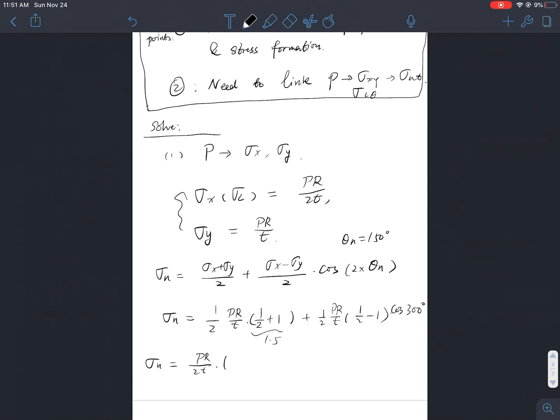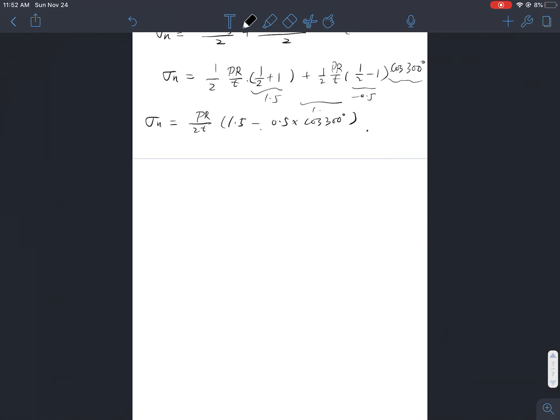So sigma n now equals PR over 2T, here 1.5, here minus 0.5. But sorry, I forgot this fellow right here. So this is essentially 1.5 minus 0.5 cosine 300 degrees.